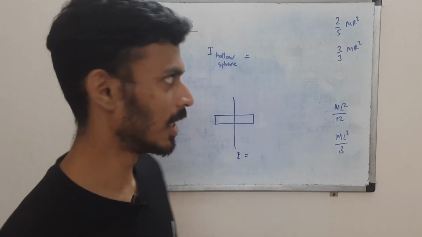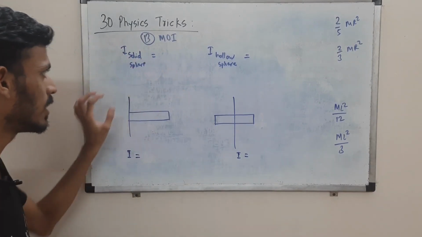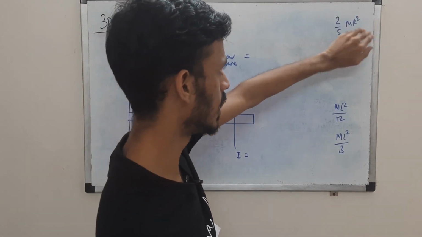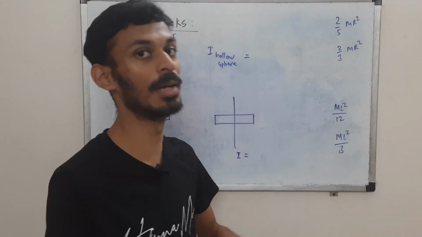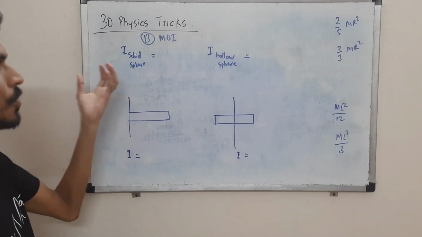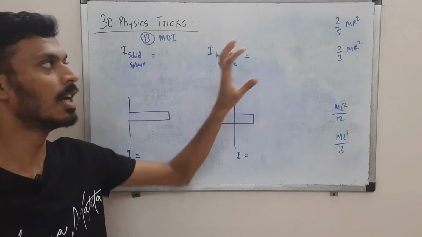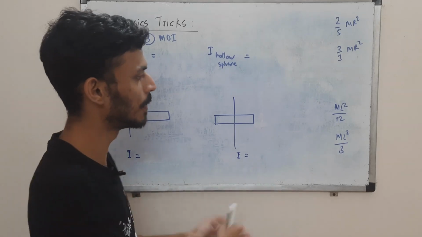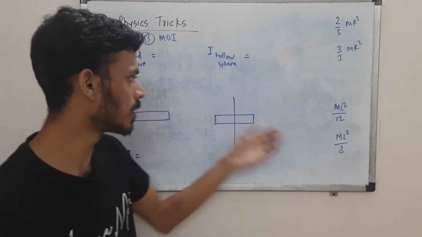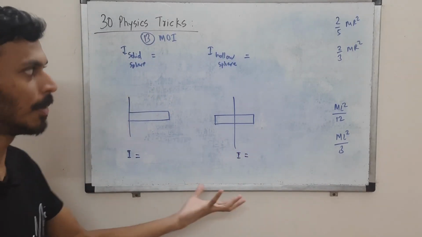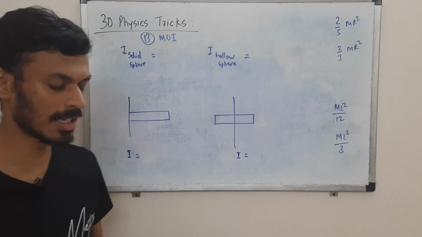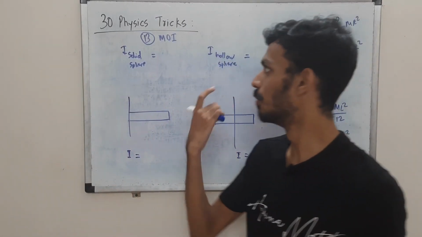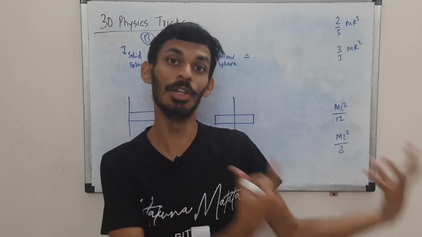13, moment of inertia. Here we have different bodies like solid and hollow spheres with their forms of moment of inertia as 2 by 5 and 2 by 3. So there might be a confusion over here as to which one is for solid and which one is for hollow. Similarly we have a one-dimensional rod and its forms along two different axes. So there might be a confusion in this. Let us destroy this confusion using a simple idea: moment of inertia is nothing but inertia in rotational motion.